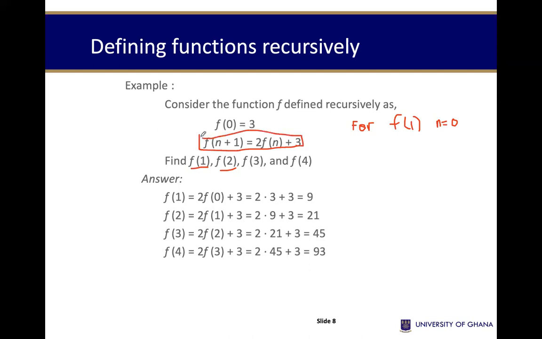Now, when I come there, because n is equal to 0, I'm going to have f of 0 plus 1, to be equal to 2 times f of n. And that n, we already know is 0. Plus 3.